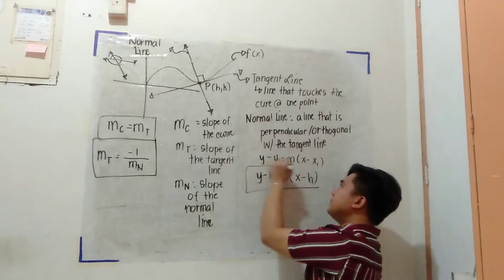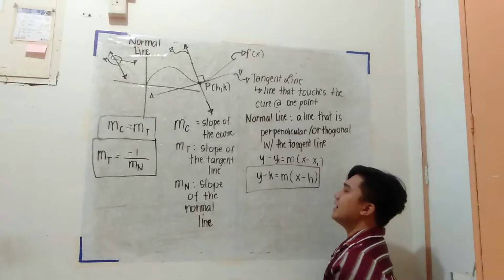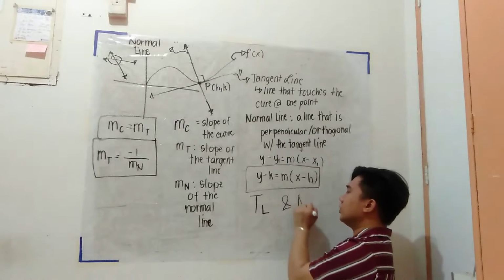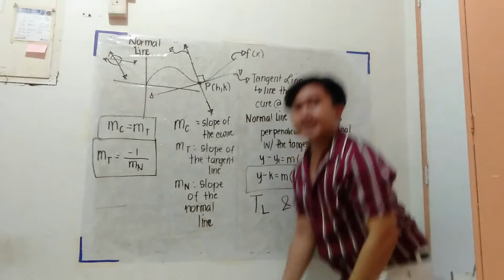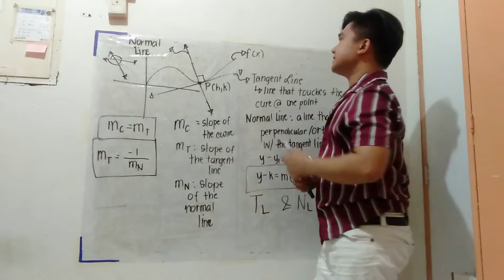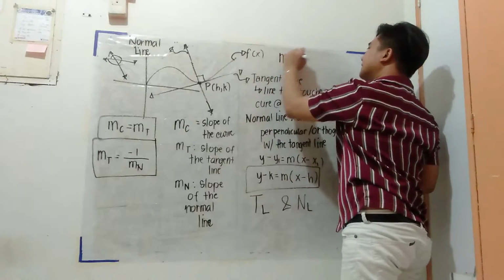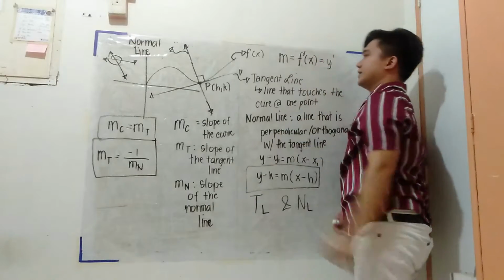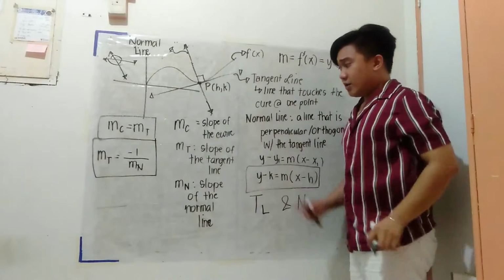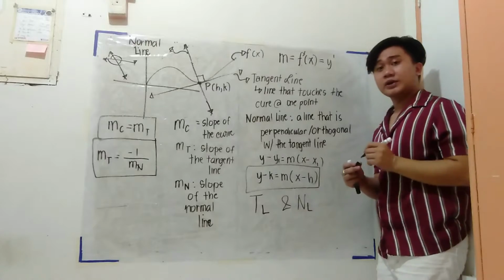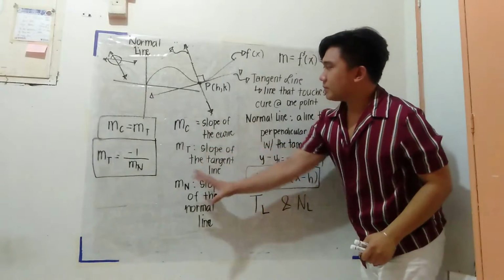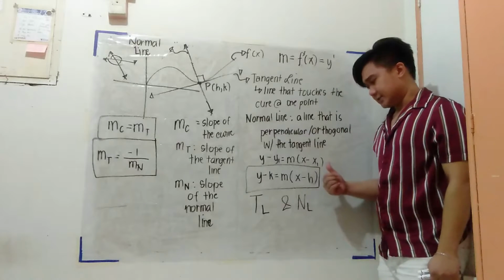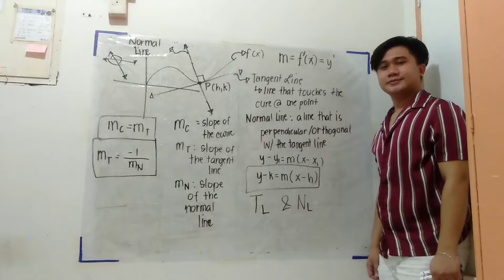So, this will be used in order to find the equation of the tangent line and the normal line. Again, you should not forget na kapag sinabi nating slope, that is the first derivative of your equation. Okay? So, I hope this is very clear to you. Wag na wag kakalimutan itong mga definitions and relationships na to. Okay? So, copy your notes.